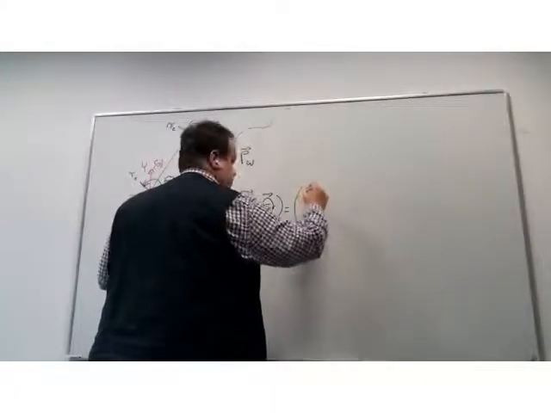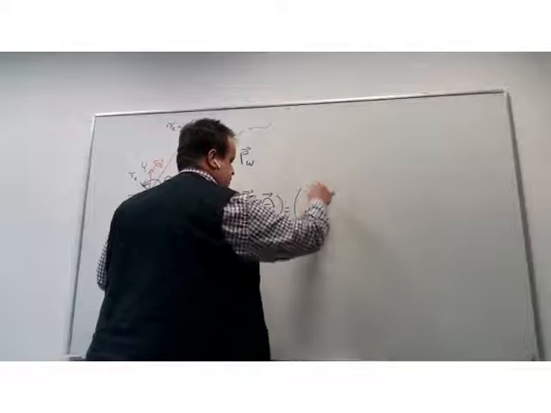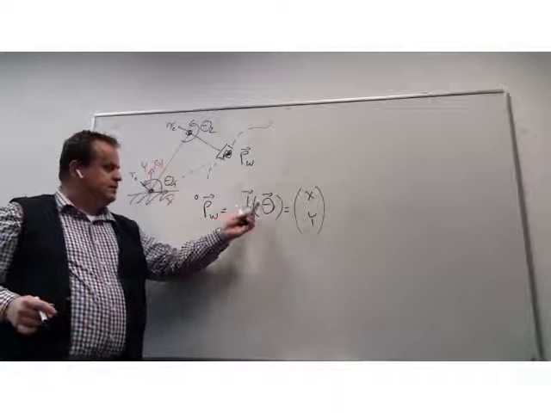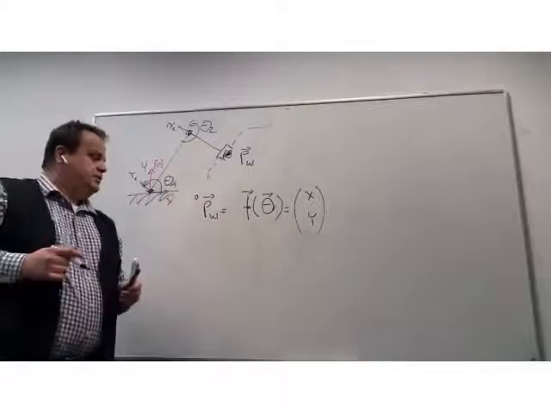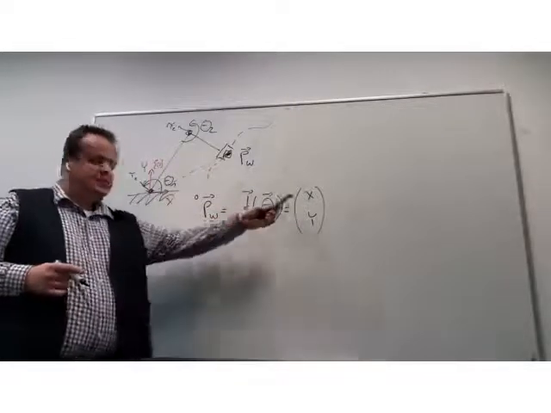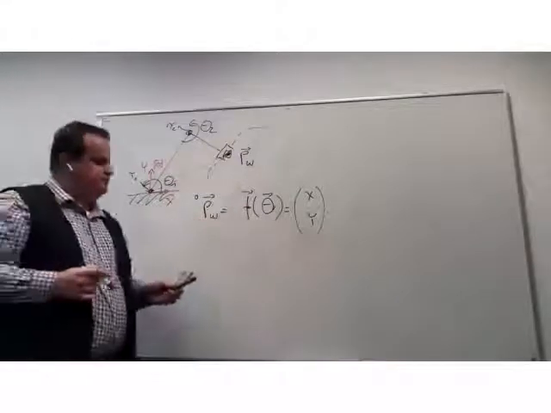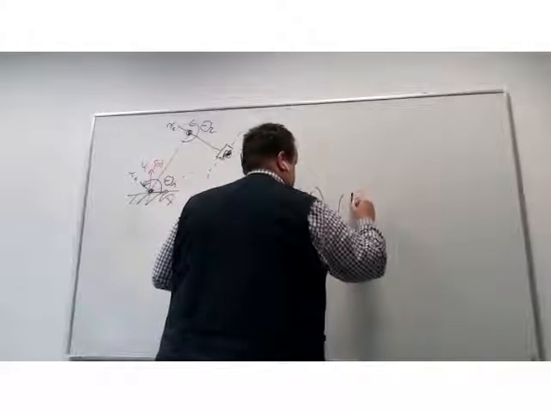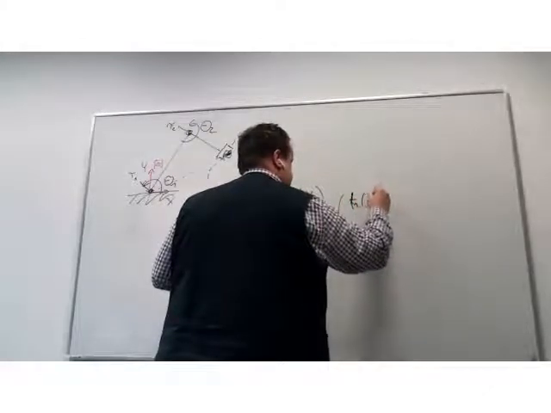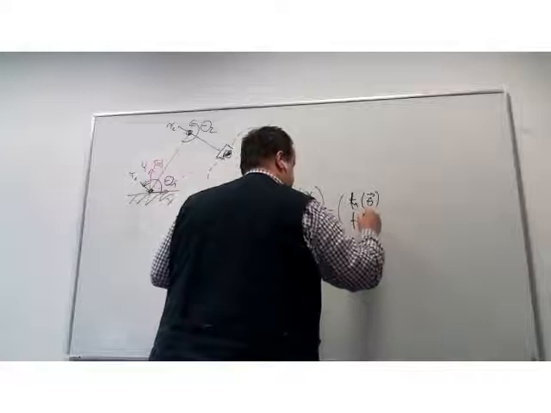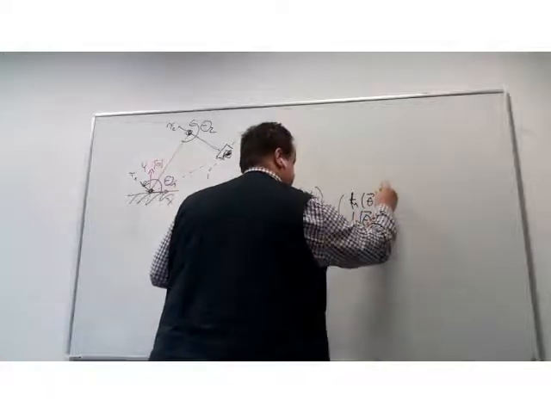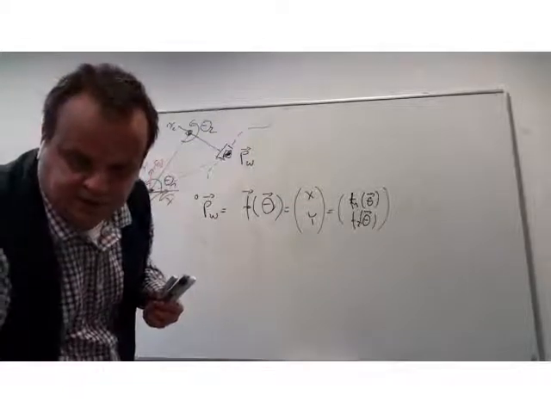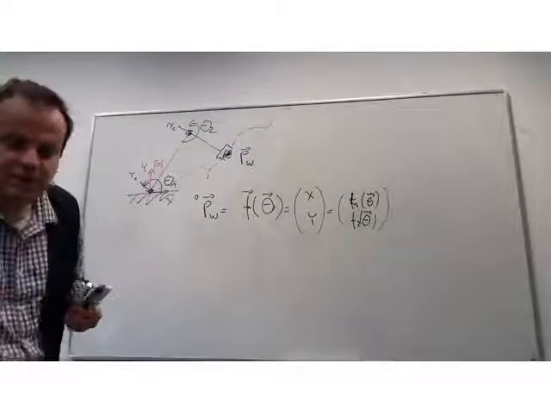Since in the two-dimensional case we have to calculate the xy position, you see that there is a function taking the θ1, θ2 orientations to calculate x, and there is a second function, so you can say it's an f1 of θ and an f2 of θ, which is basically calculating y.